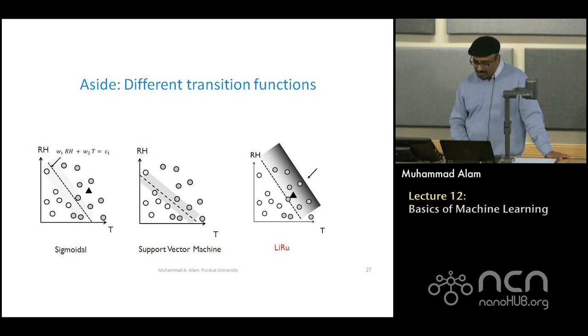But the problem with these ones is, I mean, this is fine, but there is something which is a little bit better, requires a little bit more computation, but is sort of a little bit more robust. It's called support vector machine. Now, the second I heard it, I thought this must be something sophisticated.